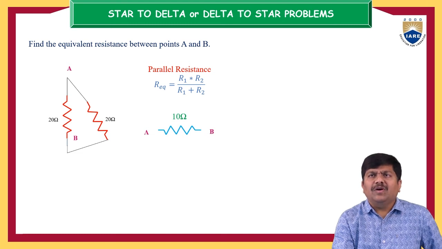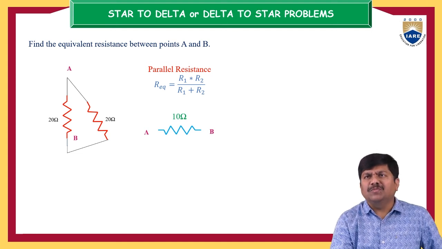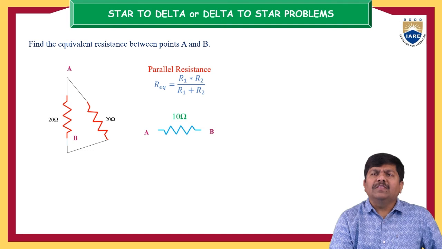Hopefully all of you have understood very effectively the importance of the star to delta transformation technique or delta to star transformation technique. Here, there is no specific algorithm. There is no such step-by-step procedure for these transformation techniques. Only with experience can we come to one conclusion.